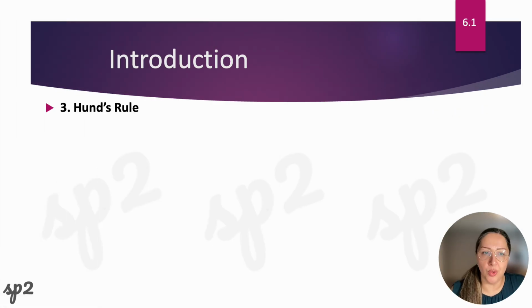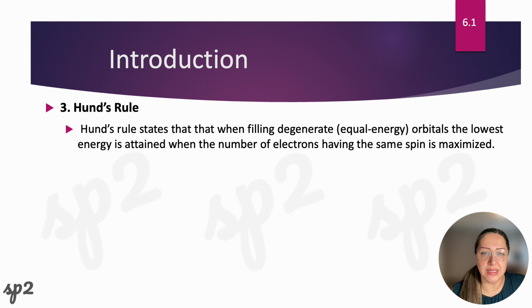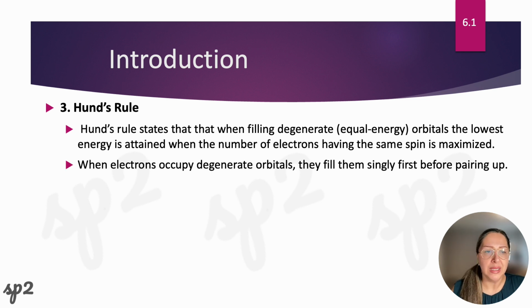The third one is Hund's rule, and this one states that when filling degenerate orbitals, meaning that we have the same energy level, the lowest energy is always attained when the number of electrons having the same spin is maximized. What does that mean? This means that when you add electrons to your degenerate orbitals, you fill them singly first before you pair them up.